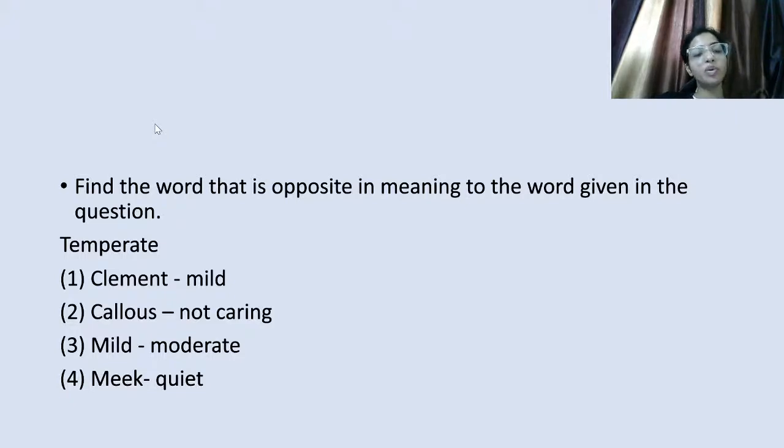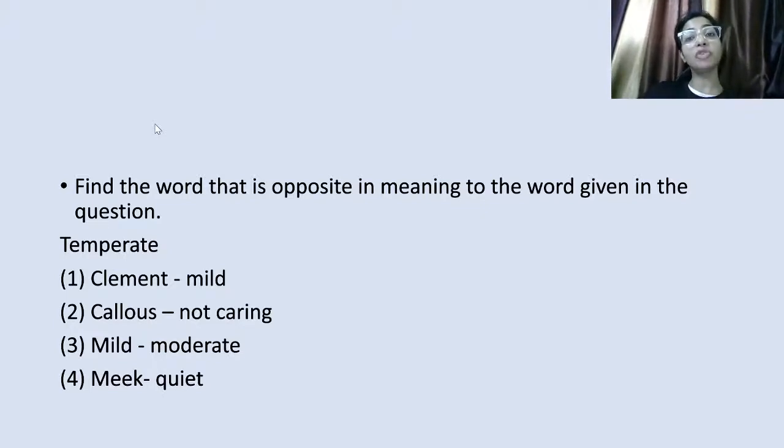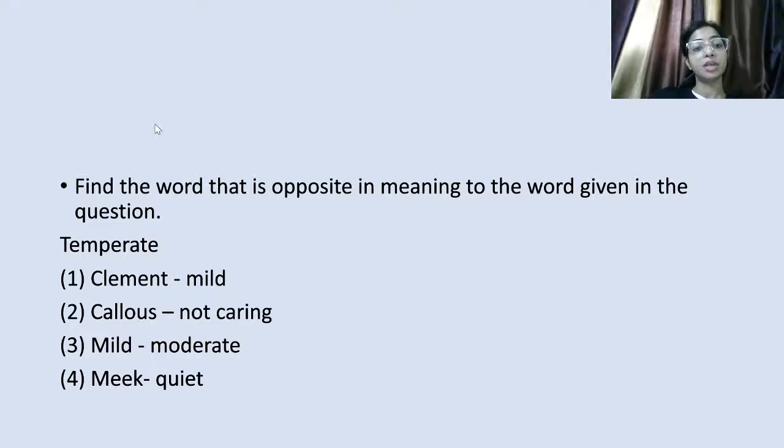Then we have the word callous, which means not caring, very cold and callous people. Like the government has a very callous attitude towards the rights of women or towards the scenario of rapes in the country. So that is how we use the word callous.